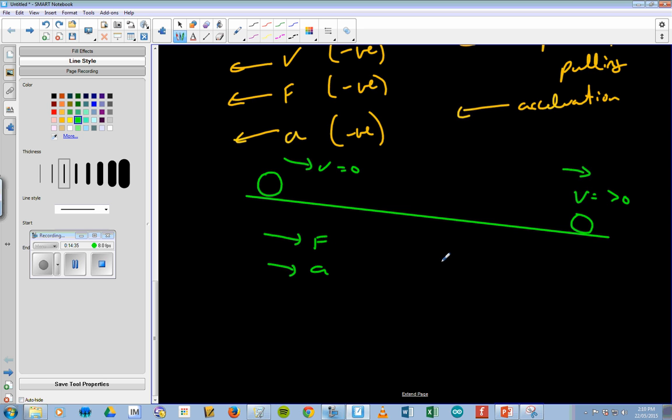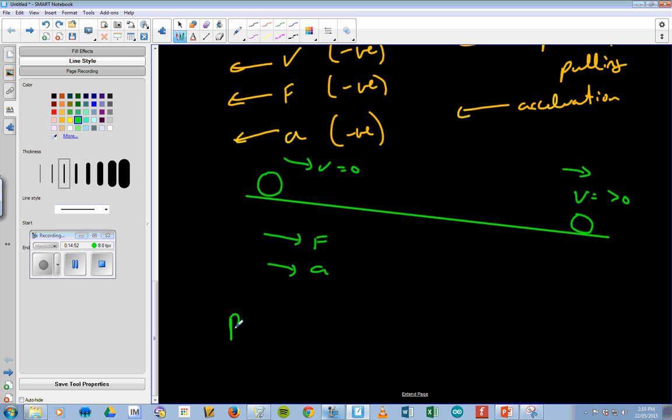So we've just learned something. Pushing or pulling in the direction the object is moving causes it to speed up, causes it to accelerate. Well, careful. It causes it to speed up, because there's such a thing as a negative acceleration. We'll look at that in just a second.